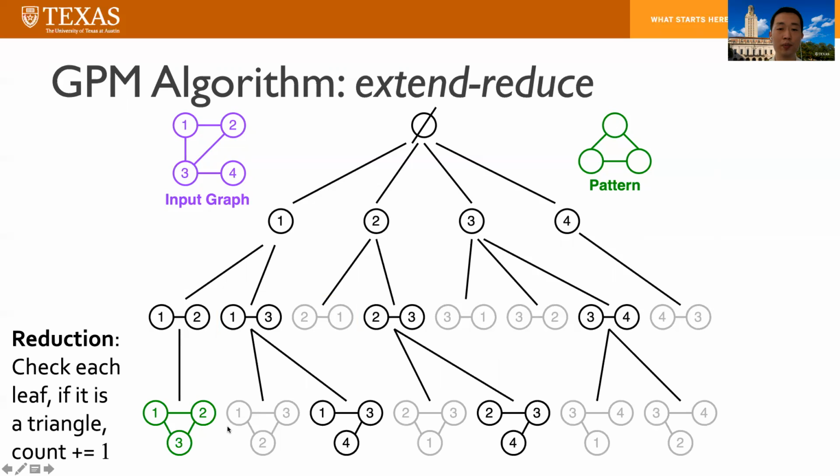When the size of embeddings are the same as the size of the pattern, it comes to the reduction stage. We check each leaf embedding, and if it is a triangle, we increase the total triangle count. In general, to identify if an embedding is isomorphic to a specific pattern, we need to perform an isomorphism test.